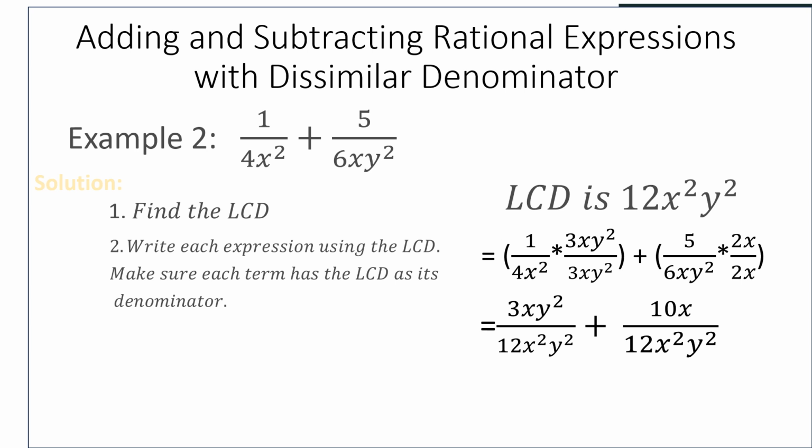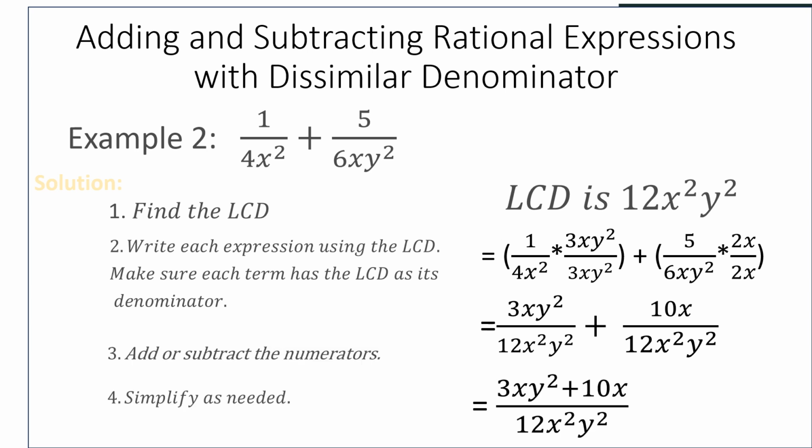Now that we have the expressions in their LCD, we can proceed with adding the numerators and simply copying the denominators. So we will get 3xy squared plus 10x all over 12x squared y squared. Since that is already in lowest terms, that will be the final answer.